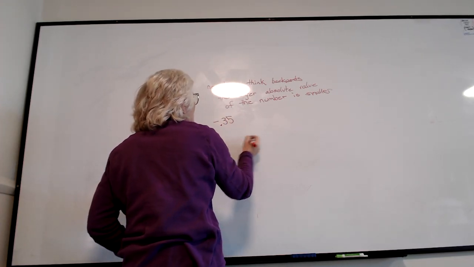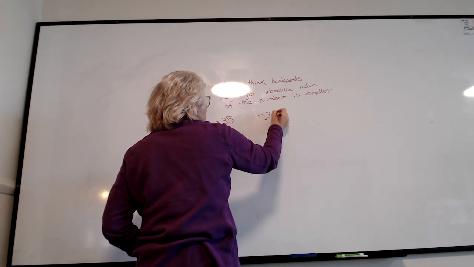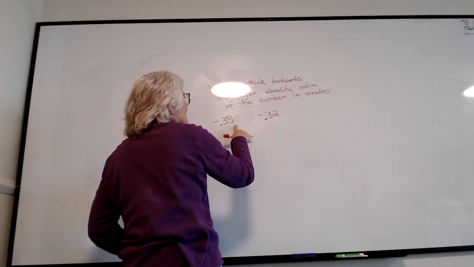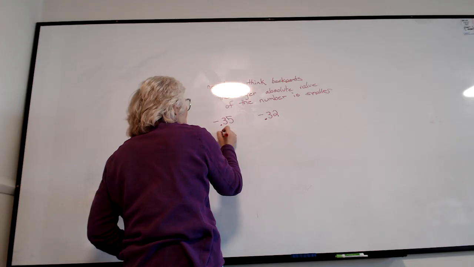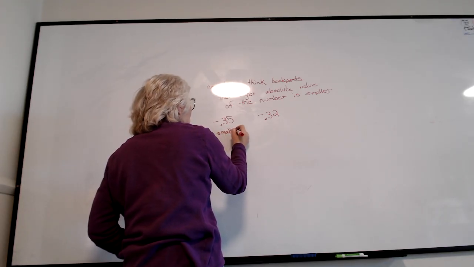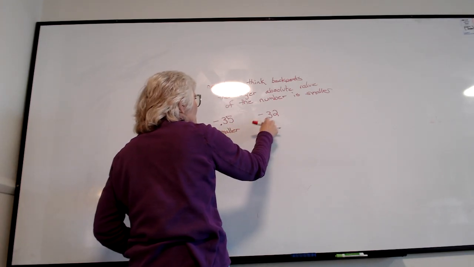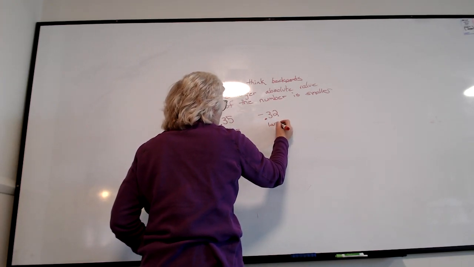Okay, so if I have negative 0.35 compared to negative 0.32, if I look at these, 0.35 is larger than 0.32, so this is the smaller number. It's backwards. We normally think 0.35 is bigger than 0.32, so we'd think this is the larger.